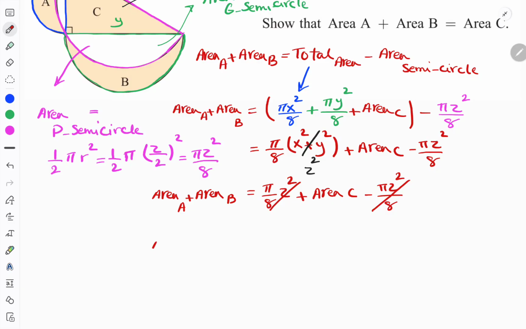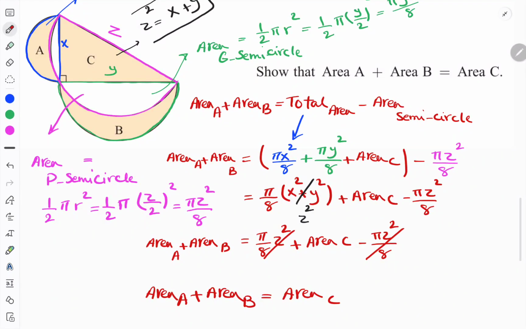So the only thing that we have is that area A plus area B equals area C. And we show that area A plus area B equals C.